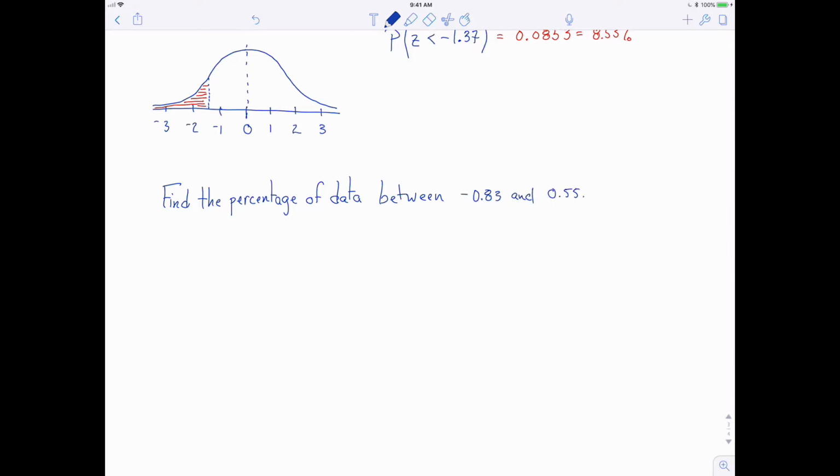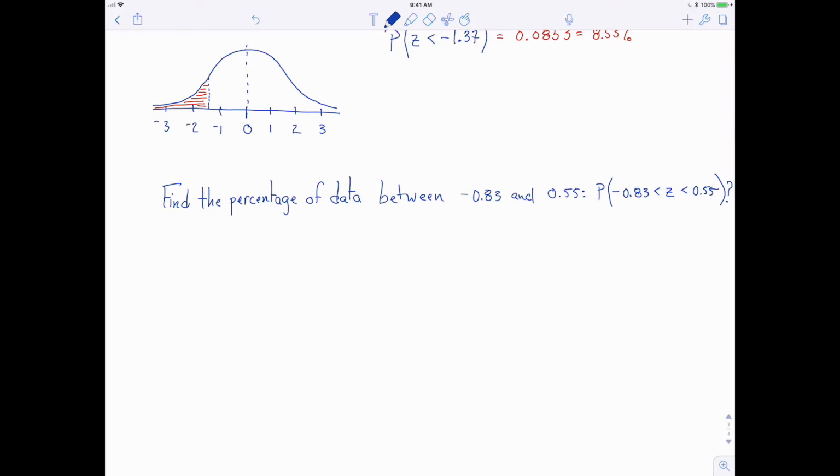Let's try that. Now remember, I'm going to put a colon there because really in math notation, this would be written as -0.83 less than z less than 0.55, in parentheses. That would be the math way of writing that nice long sentence.